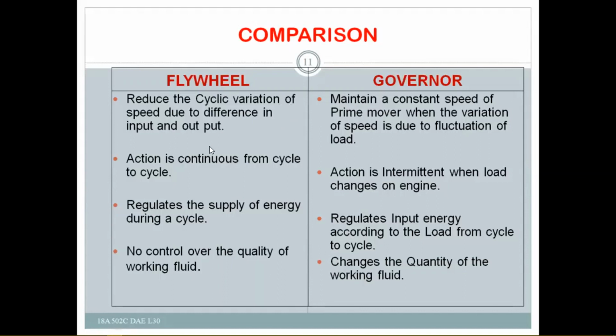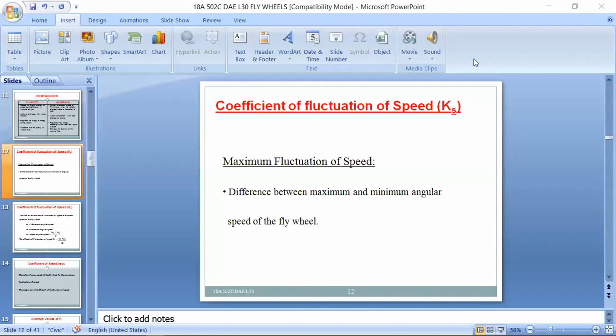Right, these are the four differences. One is reducing the cyclic variation versus maintaining constant speed. Action is continuous versus intermittent. Regulates the supply of energy versus regulates input energy. There is no control over the working fluid versus changing the quantity of the working fluid. These are the four differences between the flywheel and governor.